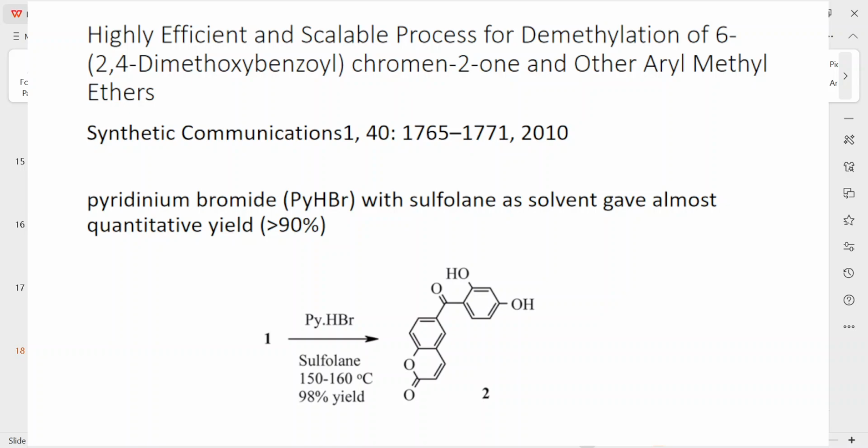It is a similar reaction with pyridine hydrobromide in sulfolane, and this is an alternative if your reaction is not going in pyridine hydrochloride. Even pyridine hydrochloride can be tried in sulfolane. Sulfolane has a very high boiling point, so the temperature can be taken up to 150-160 degrees centigrade. That is the advantage of using sulfolane here.